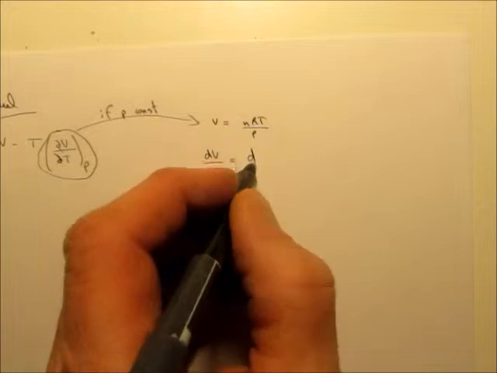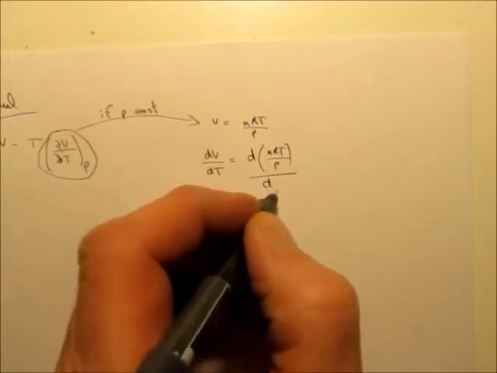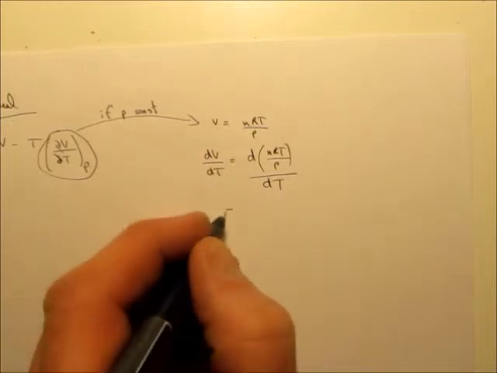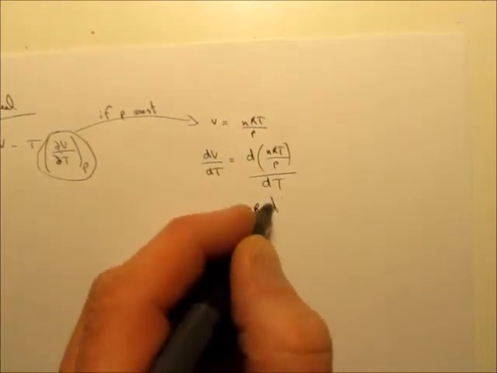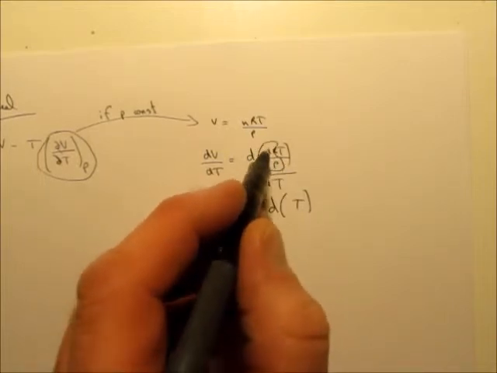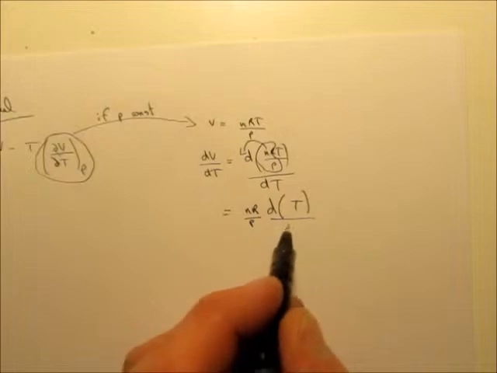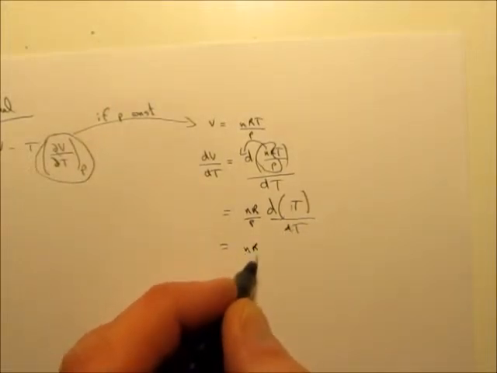Take the derivative of nRT over P with respect to T. You get nR over P dT, because you take out what's constant, right? Take the derivative like that, so that's 1, so you're going to get nR over P.